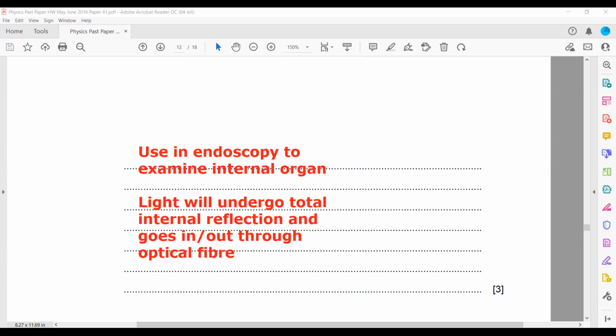It is used to examine the internal organ, and light travels through optical fiber, undergoing total internal reflection. And you may draw a diagram. It's better you draw a simple or rough diagram just to represent the optical fiber. And you can draw a stomach or a windpipe or esophagus that the light is passing through. Is it clear how endoscopy works? Yes, sir.